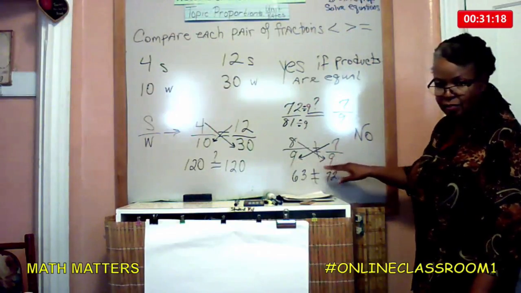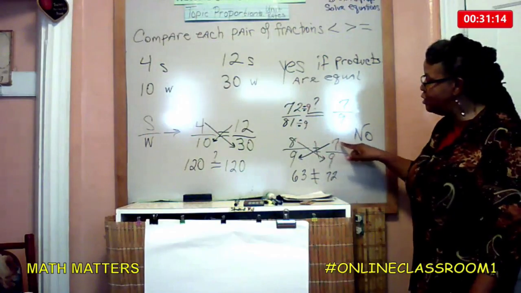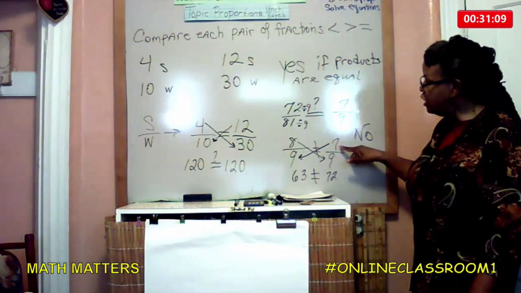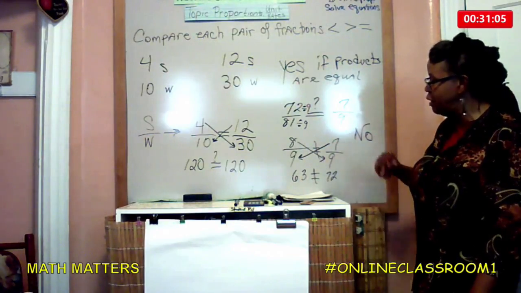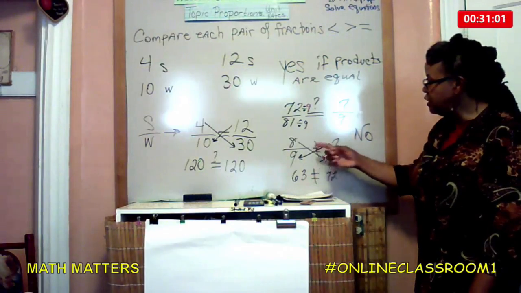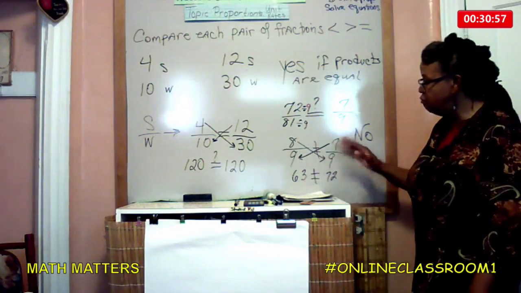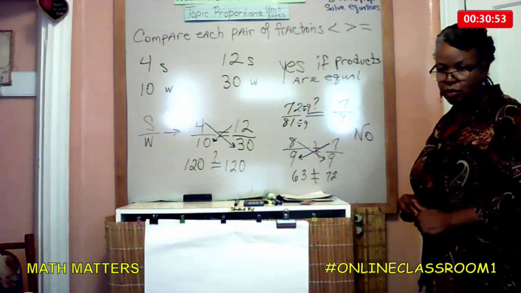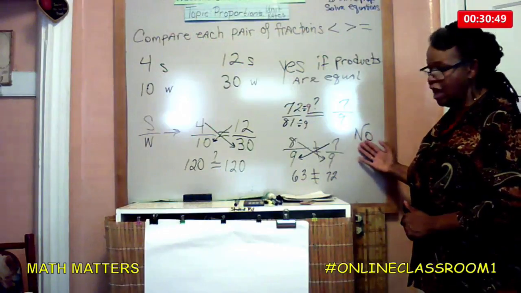Whenever you have the same denominator, students, all you got to do is look at the numerator. 8 is greater than 7, so therefore, nope, they're not equal. We are comparing also 63 to 72. Not equal. So we do not have a proportion.